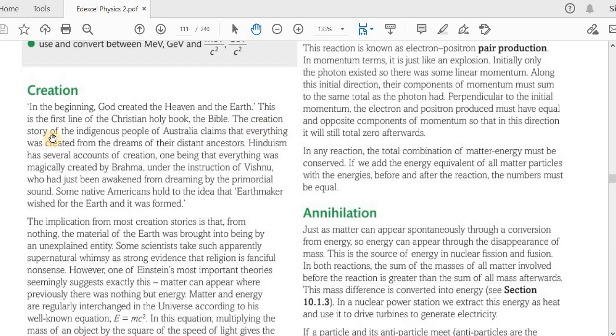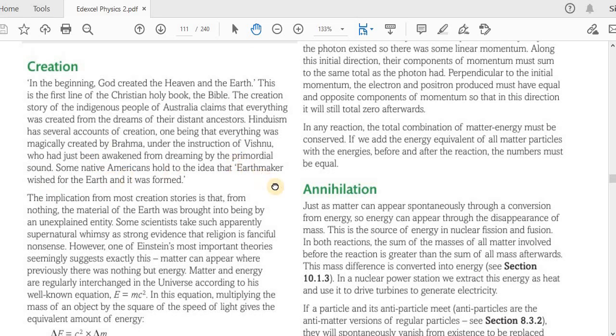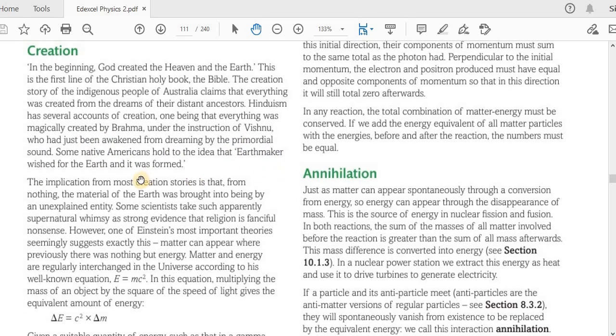The creation story of the indigenous people of Australia claims that everything was created from the dreams of their distant ancestors. Hinduism has several accounts of creation, one being that everything was magically created by Brahma under instruction of Vishnu, who had just awakened from dreaming by the primordial sound. Those students who have learned Hinduism may be familiar with this.